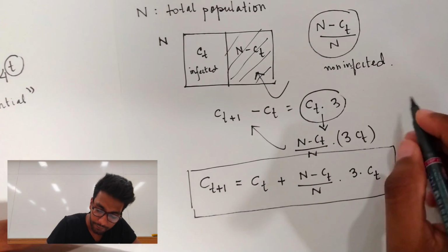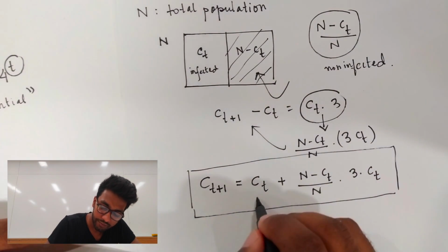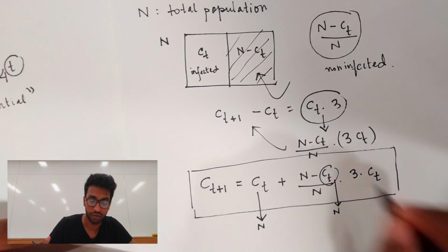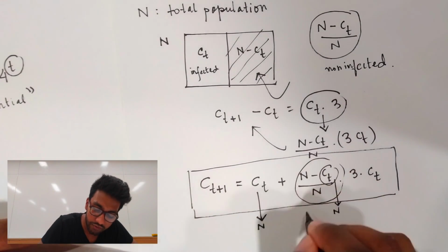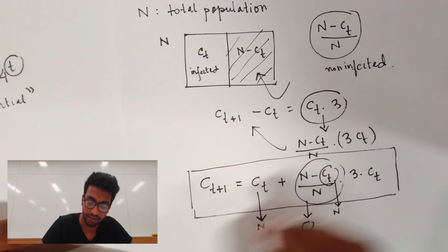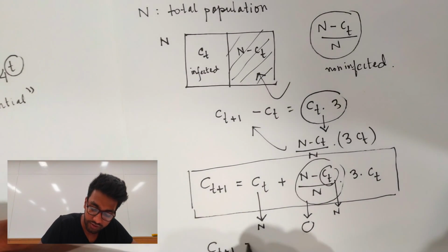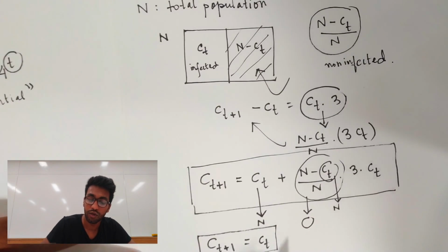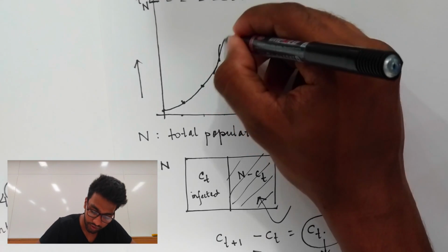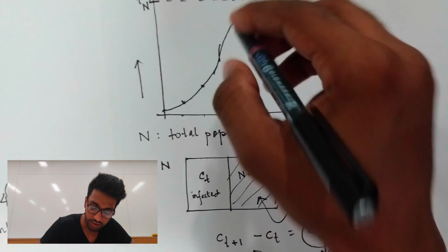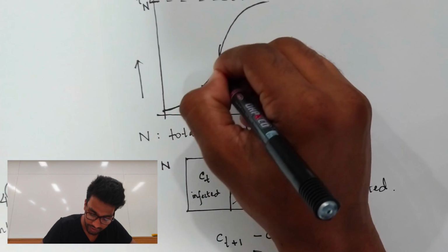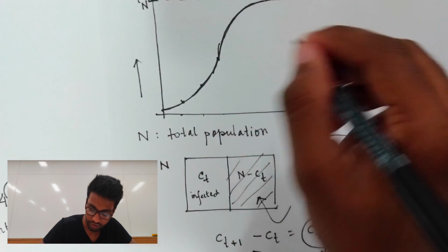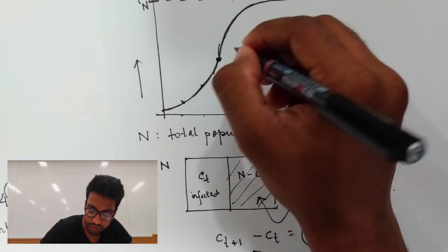But now when this number of infected people, this CT, becomes close to N, as the number of days increase, as the entire population starts getting infected, the numerator of this thing slowly becomes 0, and therefore this entire thing becomes 0, and CT plus 1 just becomes CT, or you'd say that no new cases emerge, and therefore at some point we become saturated. The number of total cases becomes saturated, and therefore the initial exponential growth we had, the graph suddenly turns at some point, and then it stops at N.